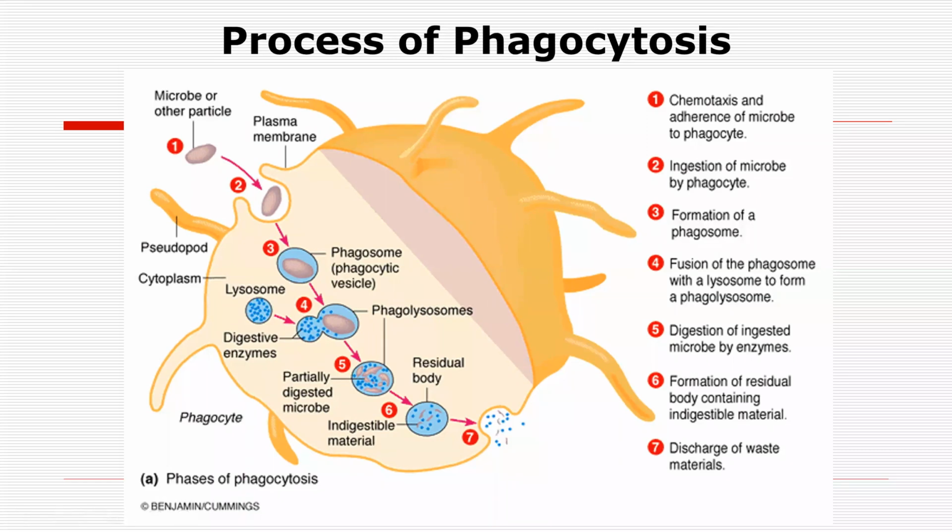But what it doesn't show you is, when this pathogen has been digested inside here, some of these particles from the pathogen will be picked by different molecules, and we'll teach you about them, and will be displayed on the surface of the cell.